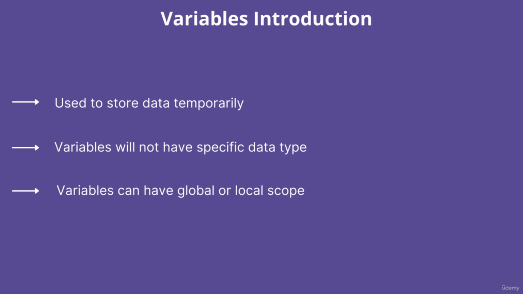If any variable is defined inside a function, that is a local variable, and if you define any variable outside of the functions, it will be a global variable, meaning it can be accessed inside any function you are making. But initially it is nothing like that, because we are not going to implement any functions.